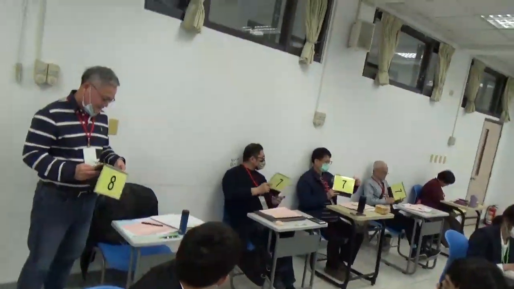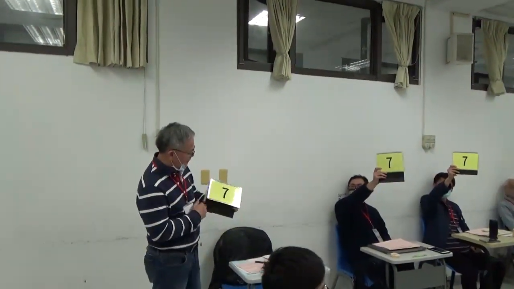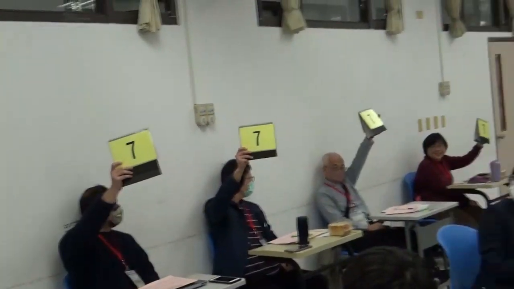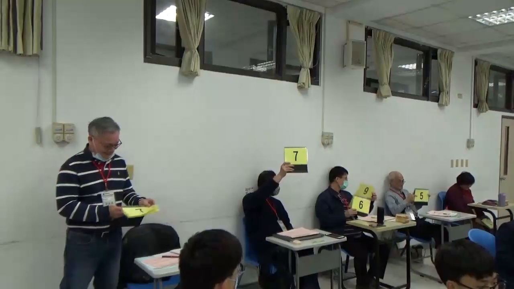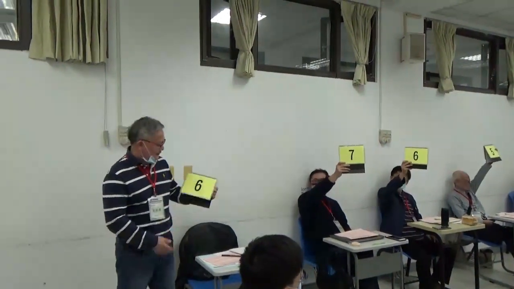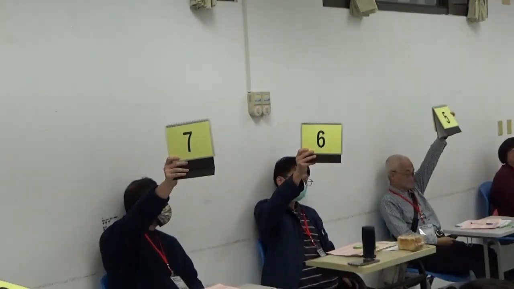For the opponent, 7, 7, 7, 7, 7. For the reviewer, 6, 7, 6, 5, 7. Okay.